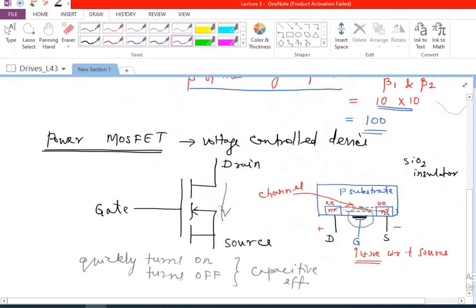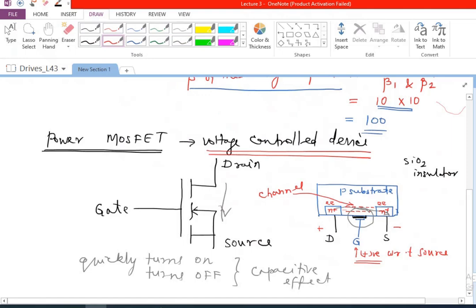So this is essentially working based on capacitive effect. So you don't really need a large current to pass through the gate terminal at all. So turning on is basically very simple and it is a voltage control device. So you don't require really a high power gate driver circuit for the power MOSFET.